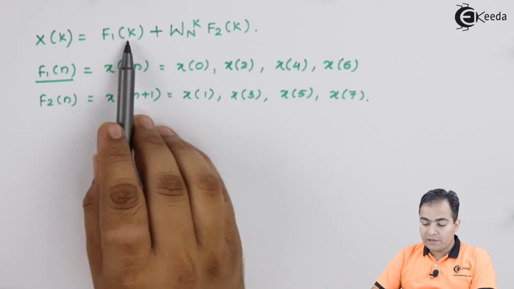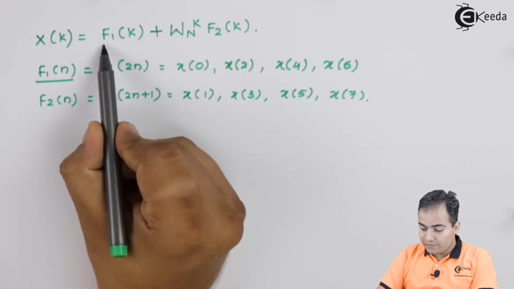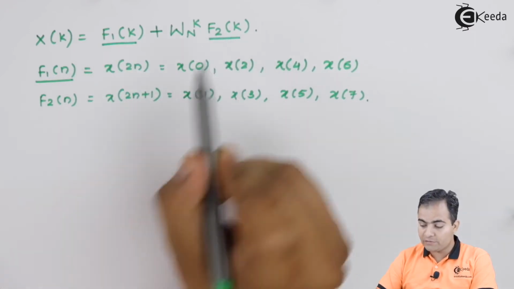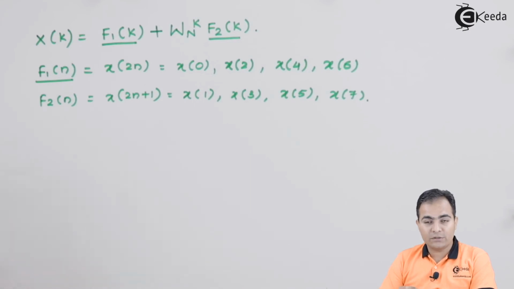Now here the answer in DFT is also divided into two parts. The first part is for even, the second part is for odd. So here I'm going to substitute only the even values, that is 0 to 4. So let's see what the result will be.